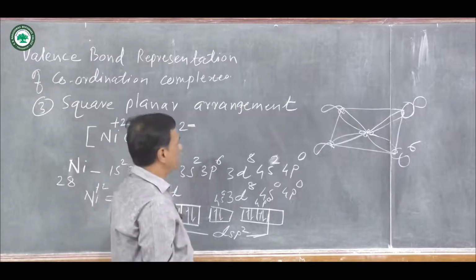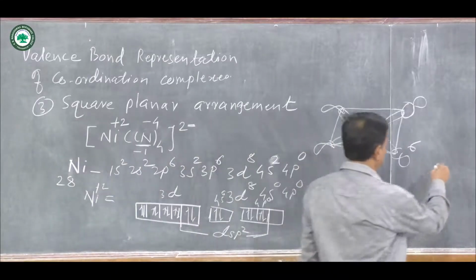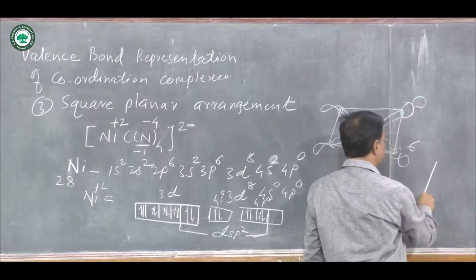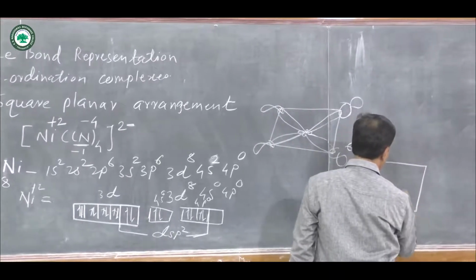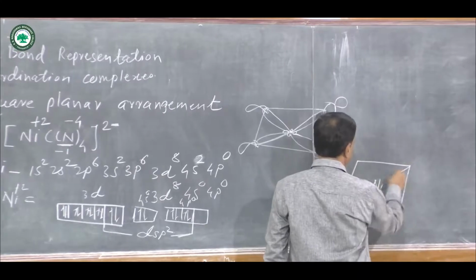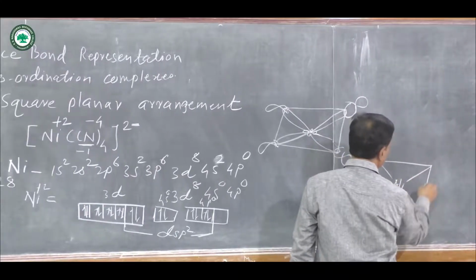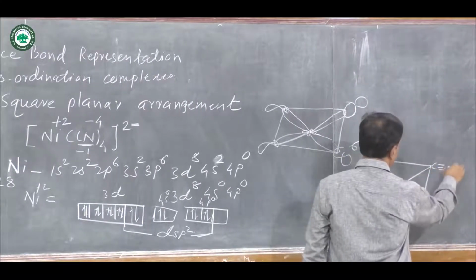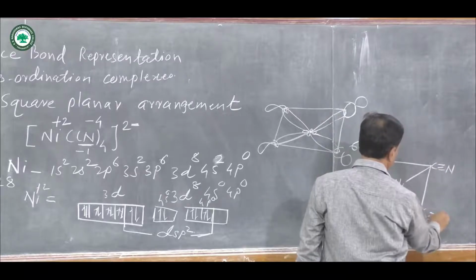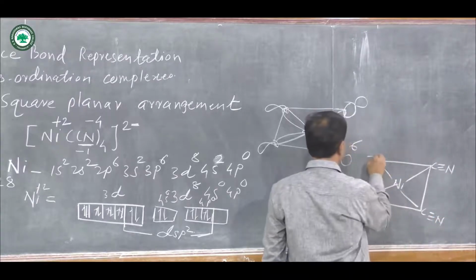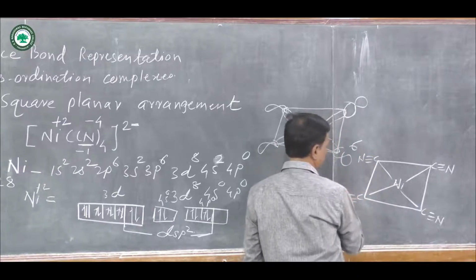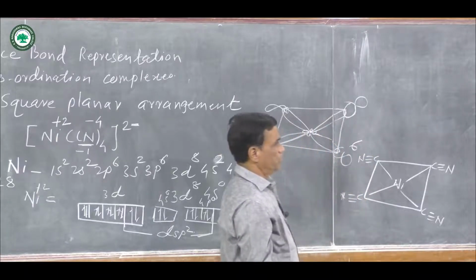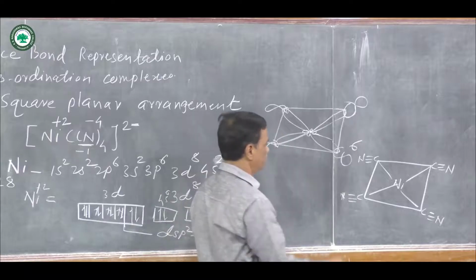The structure of Ni(CN)4 is square planar, and the square planar arrangement is represented here. At the center position there is nickel, then here C triple bond N, C triple bond N, C triple bond N and C triple bond N. 4 sigma bonds are formed.